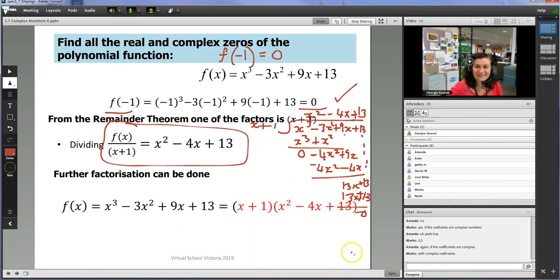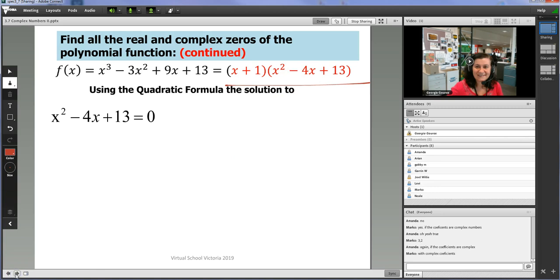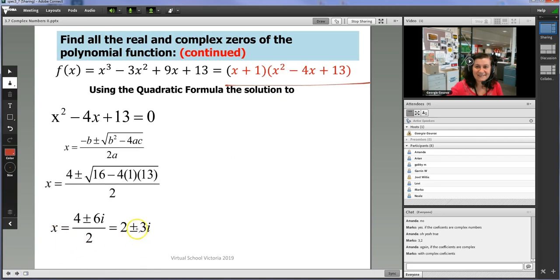Okay, so you can do a bit of polynomial long division, so you know that these are the two factors, and maybe use the quadratic formula on the quadratic one. So you can use the quadratic formula, and there you are. Because with the quadratic formula, remember, if there's a negative number under the square root, you just multiply it by i squared, and then you can find the root of that.